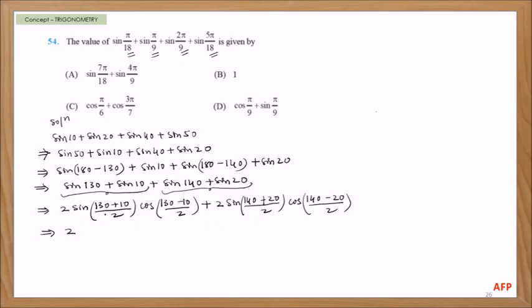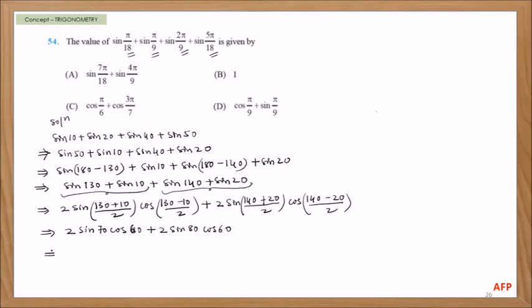Next 2 times sin 60, cos, not 60, it is 70. Okay, it is cos 60 degrees plus 2 times sin 80 cos 60 degrees.